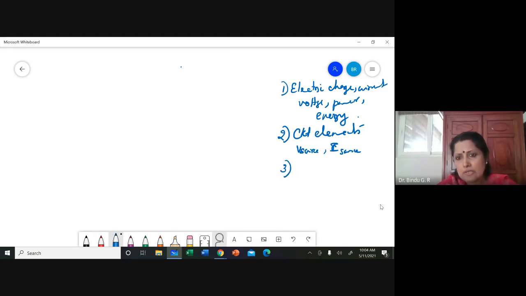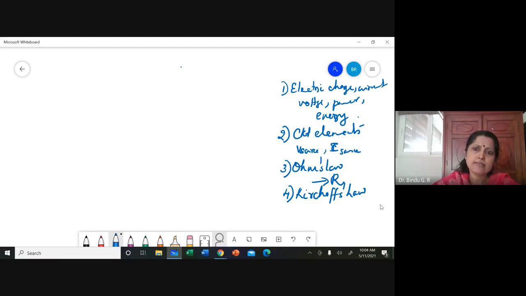We also discussed Ohm's law, in which we came across the resistor, where the scientist Ohm took the constant of proportionality as resistance. So the property resistance was now being represented by an element called resistor. Then we also discussed Kirchhoff's laws, both KCL and KVL. This is where we stand as of now.